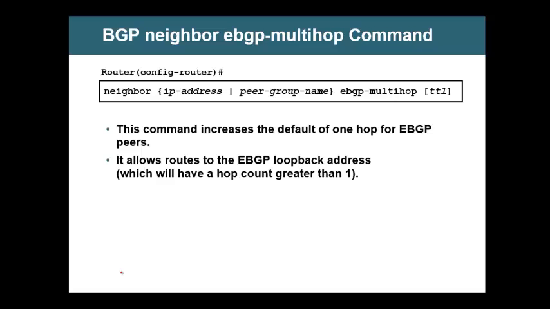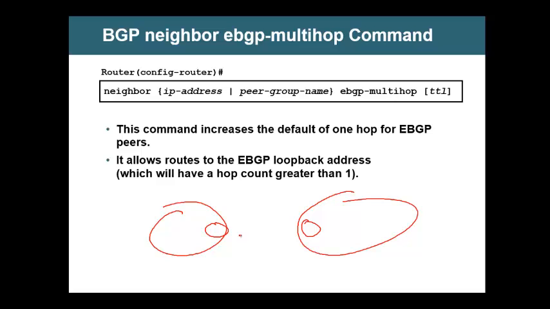For IBGP, it is not necessary. But for eBGP, the neighbor needs to be directly connected.